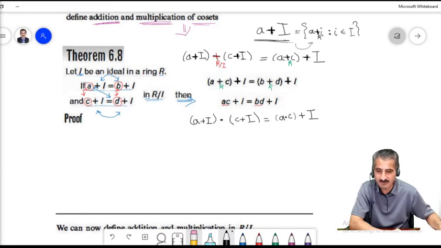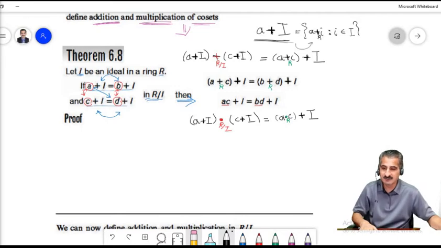Now we go back. This multiplication here is inside the ring R, so it is the multiplication of the ring R. But this multiplication here is the one we are defining for the quotient ring. And again, the addition here is just to produce the coset. So this is very detailed, just for you to have a feel for these operations.